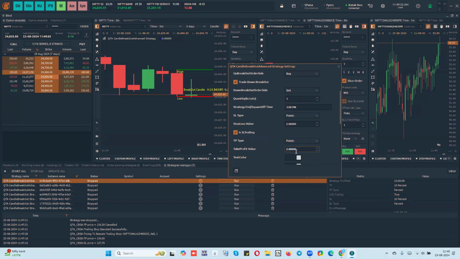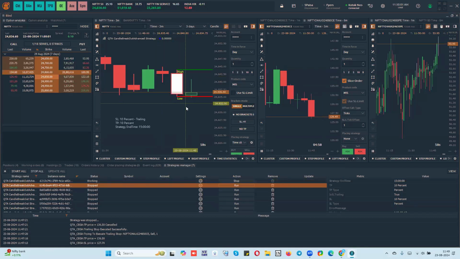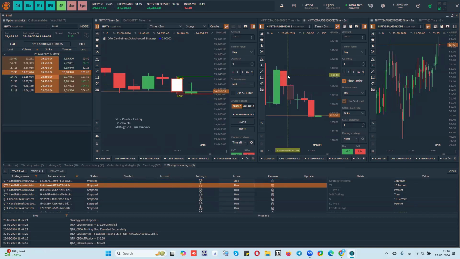Take profit with 2 point take profit. Now let's go and select a candle. Say, for example, I select this candle. Now if the market breaks on the downside, it will sell ICICI Bank, and if the market breaks on the upside, it will buy HDFC Bank. Let's see what happens.